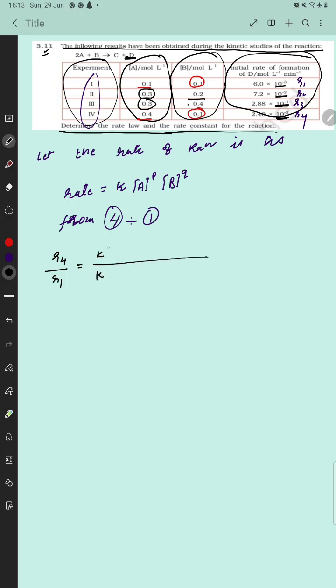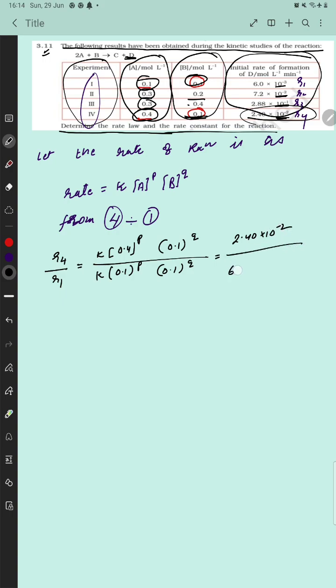Now the A concentration in case of 4 is 0.4 power P, and here the concentration 0.1 power P. Now for the B concentration, this is 0.1 power Q, and here is also 0.1 power Q. This is equal to the rates they have given: 2.40 into 10 power minus 2 divided by 6.0 into 10 power minus 3.